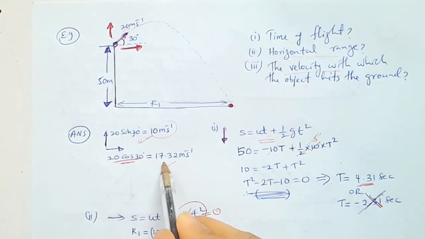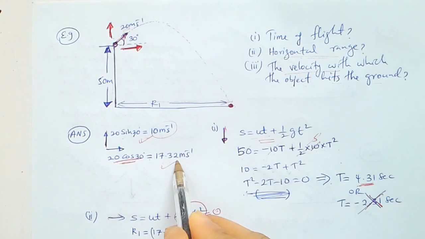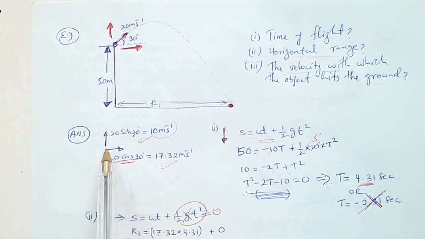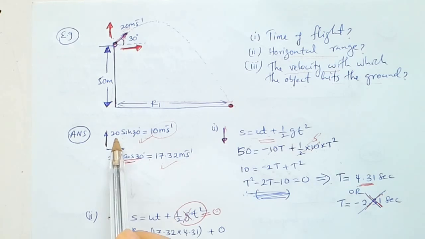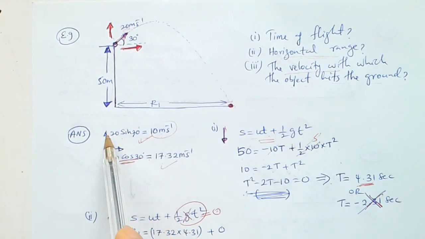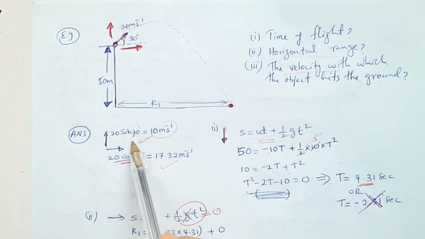If you simplify, you will get 17.32 meters per second. Similarly in the vertical direction, you will have 20 sin 30. Sin 30 is half, therefore you will get 10 meters per second. So we found the horizontal and vertical components of the initial speed of our projectile.